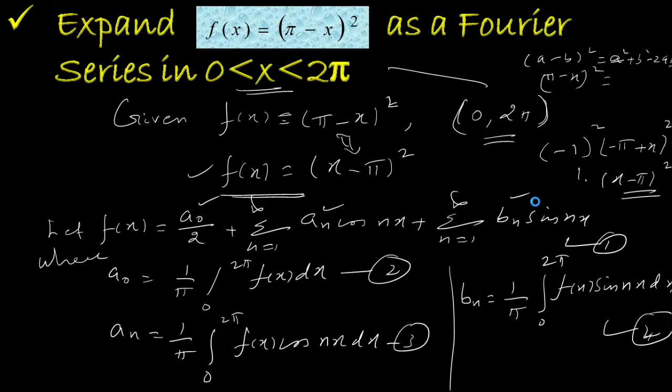So let me first see how to calculate the value of a0. From equation 2, a0 is equal to 1 by pi integral 0 to 2 pi f of x dx, which is equal to 1 by pi. You are given f of x, that is x minus pi the whole square. I have rearranged this function like this. So x minus pi the whole square dx.